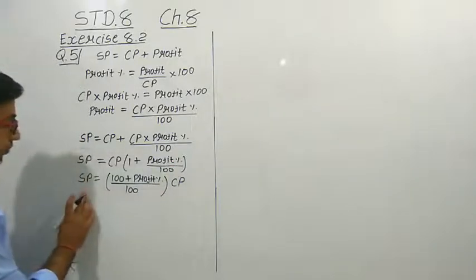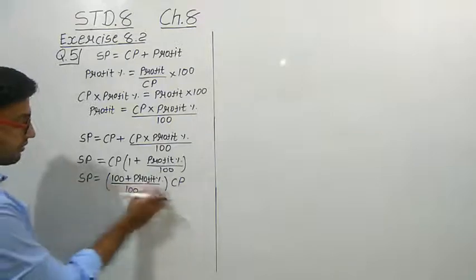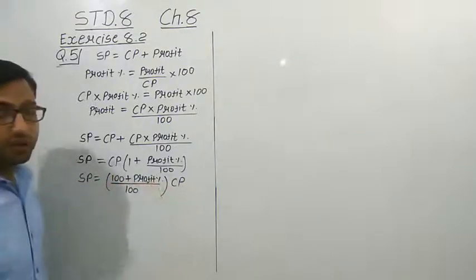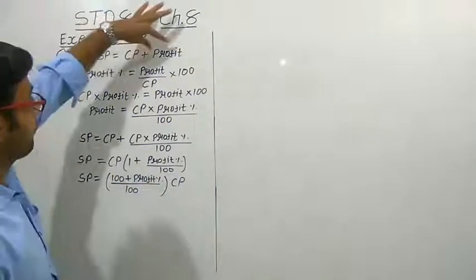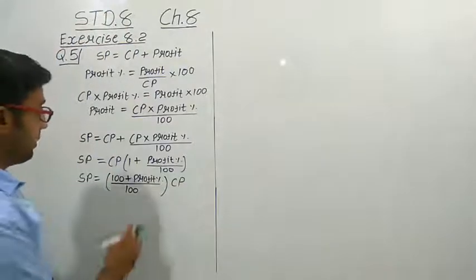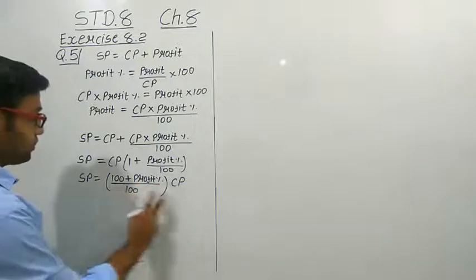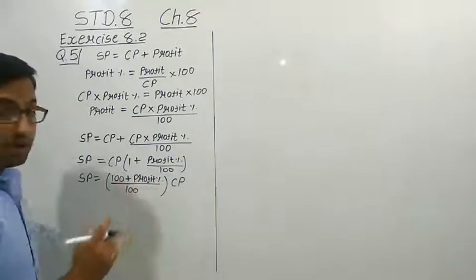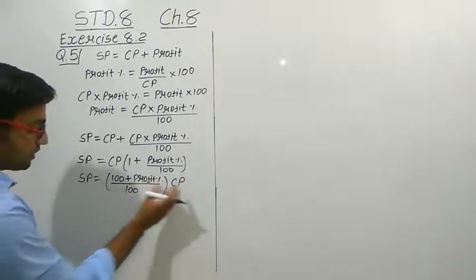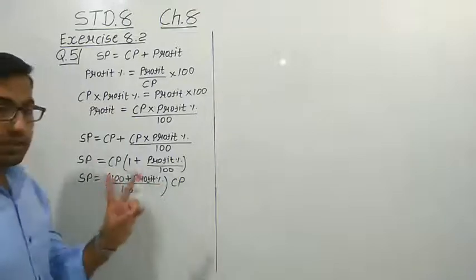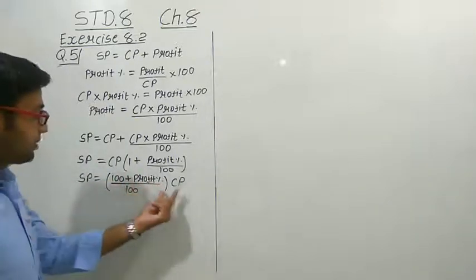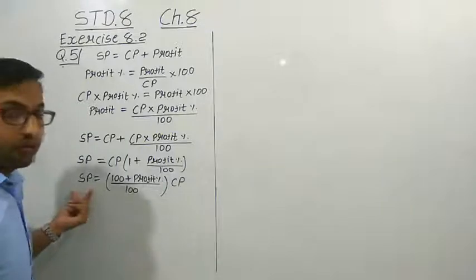So this is the formula which relates the selling price, cost price and profit percentage whenever there is a profit. When someone makes a profit on something, we can use this formula, right? There are three quantities: selling price, profit percentage and cost price. If two are given, either profit percentage and cost price, we can find the selling price.